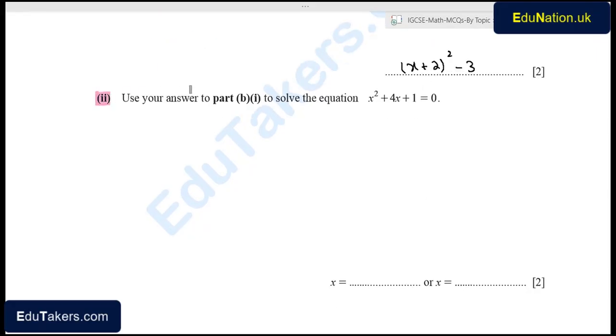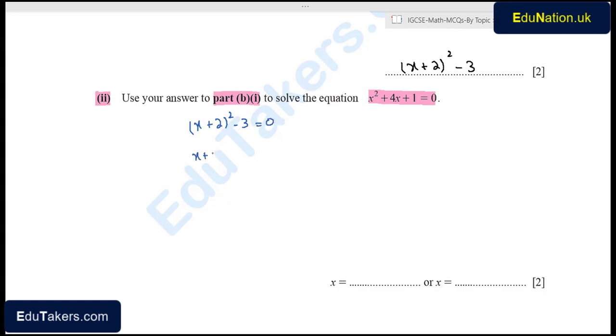Next is part 2. Use your answer to part B I to solve the equation x² + 4x + 1 = 0. The answer of part B I is (x + 2)² − 3, and this is the equation which is equal to 0.